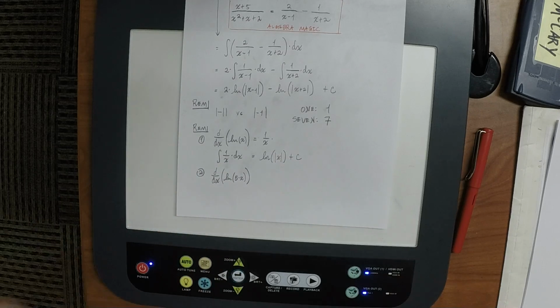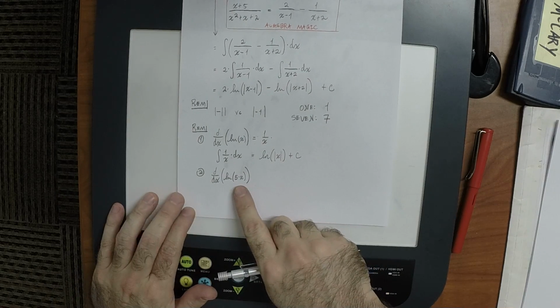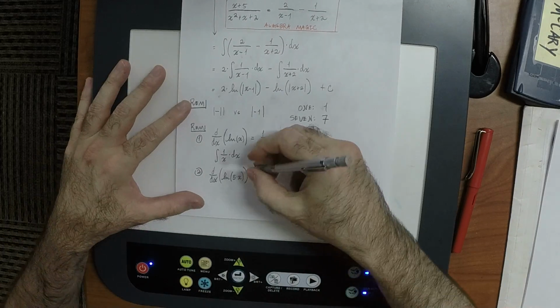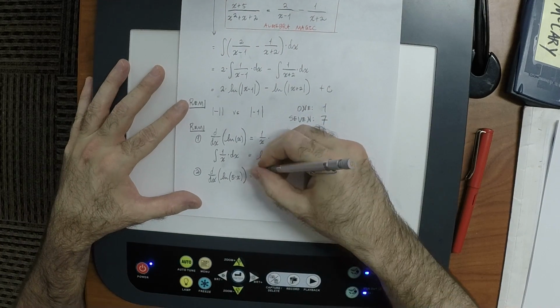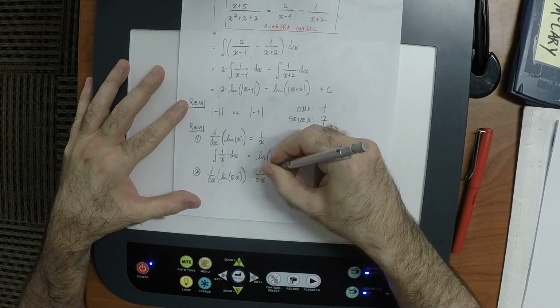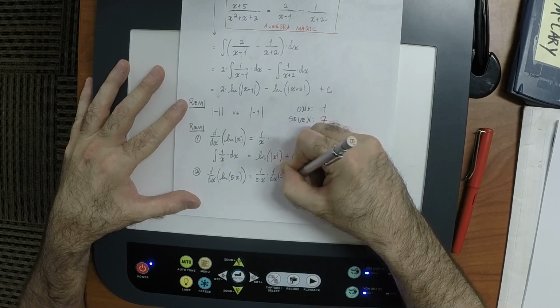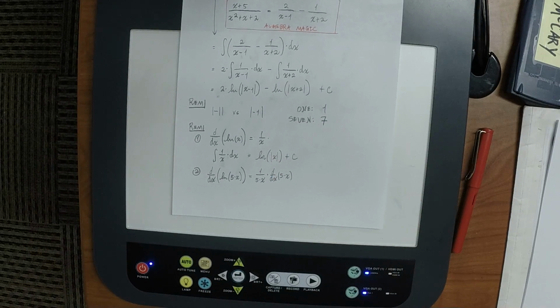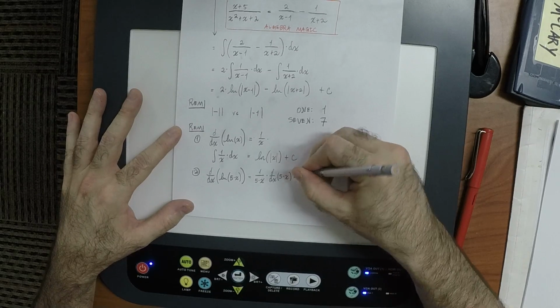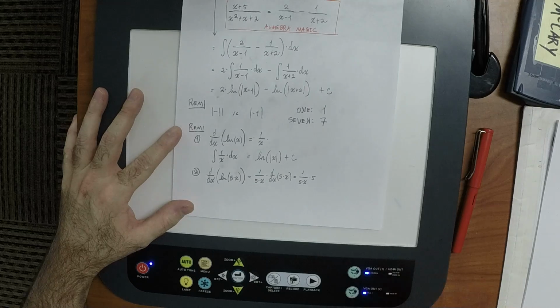So because we're doing something before the x gets to the log, that means that we have two machines chained together. So what rule will we need? The chain rule. So according to the chain rule, this should be 1 over 5 times x, and then multiplied by the derivative of 5 times x. Now, what's the derivative of 5 times x? 5. It is 5. So this would be 1 over 5 times x, like that, and then multiplied by 5. And then, what?